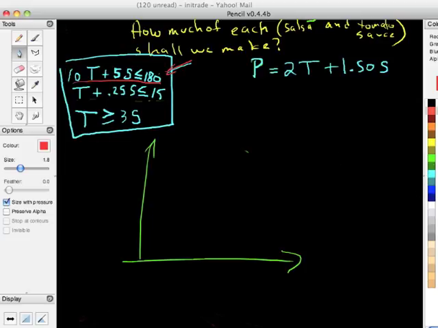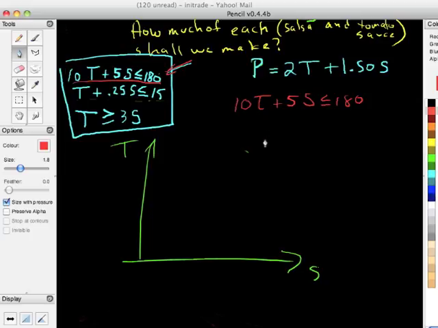If you make t on the x-axis, the problem will still work out fine. So let me put t on the y-axis and s on the x-axis. And so this first constraint right here, I want to do this in red, is 10t plus 5s is less than or equal to 180.